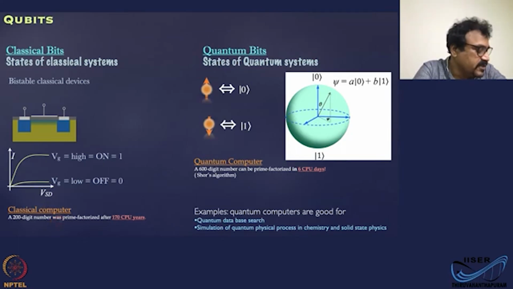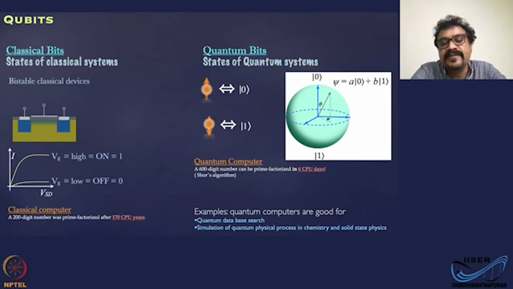A 200 digit number can be prime factored in 170 CPU years, whereas on a quantum computer, a 600 digit number can be prime factored in 6 CPU days. And these computers can find answers to various things which are otherwise impossible for a classical computer. This can be quantum database search, or simulation of various fundamental quantum processes in chemistry and solid state physics, which require a huge computational resource.